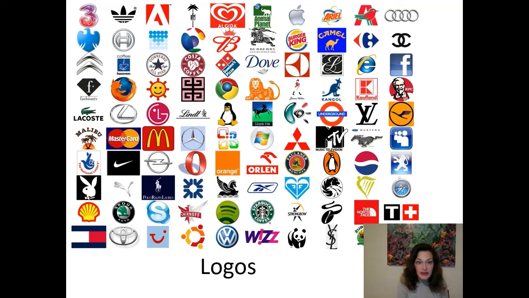And most importantly, these relate to the companies, like the shapes chosen, the colors chosen, they relate to what the company does. So if you look at the bottom row, you can see a panda, the World Wildlife Fund, and obviously pandas relate to their mission of saving endangered animals, but it's also just so cute.